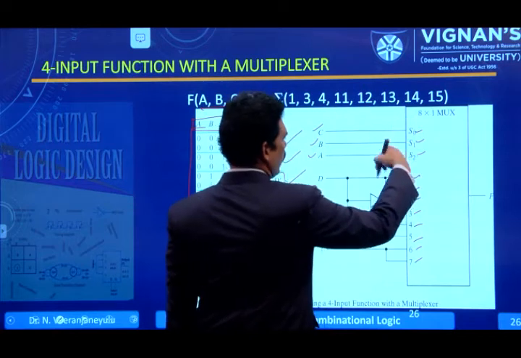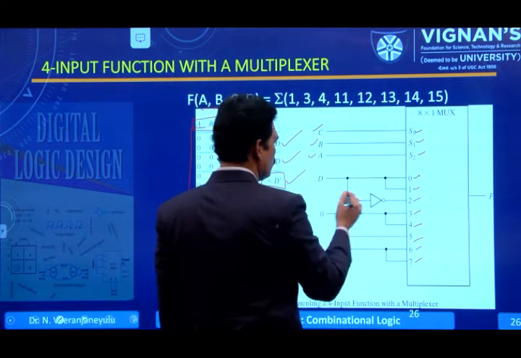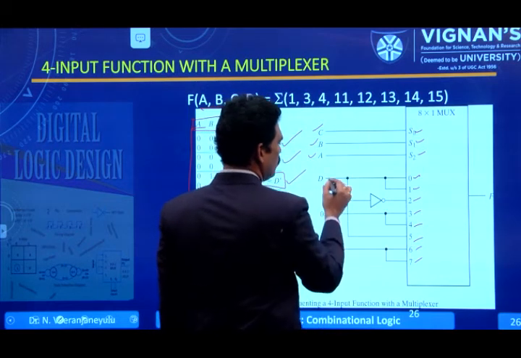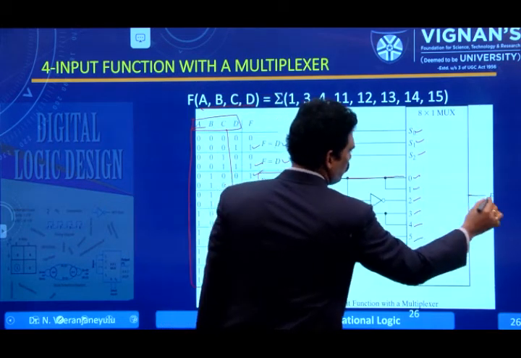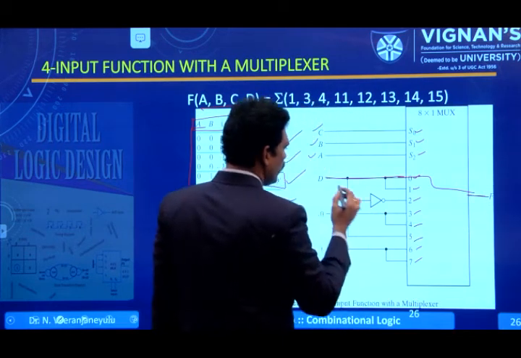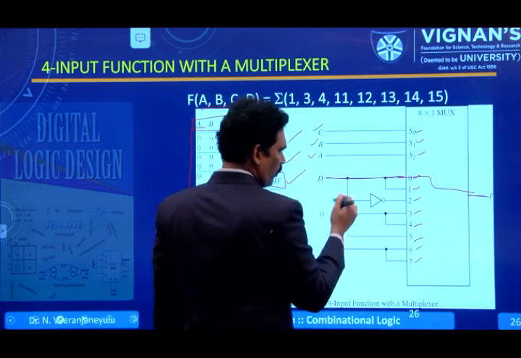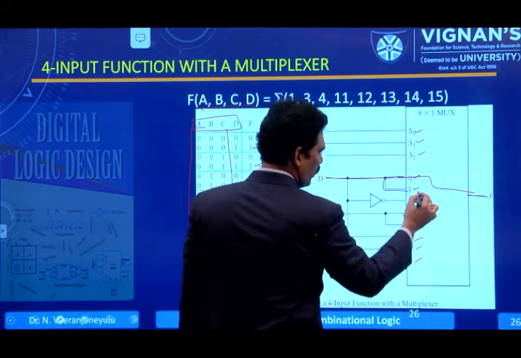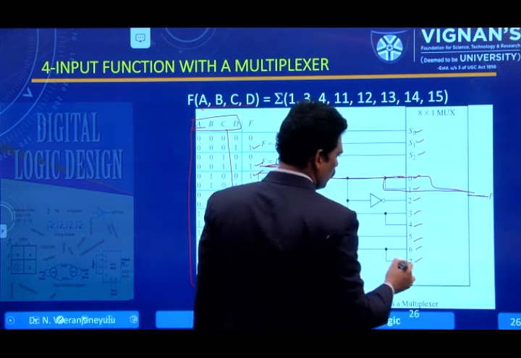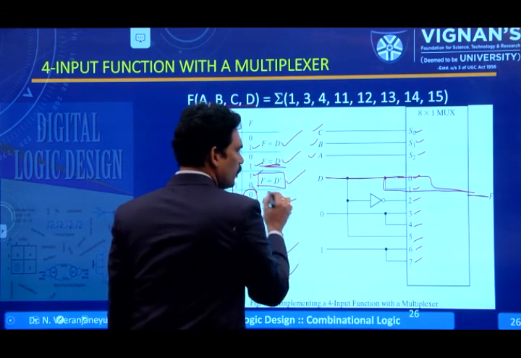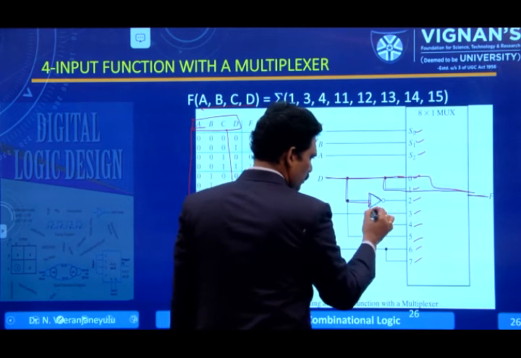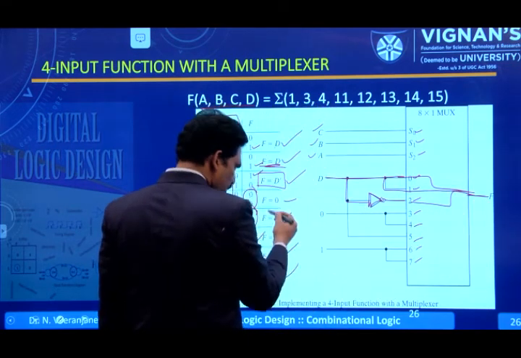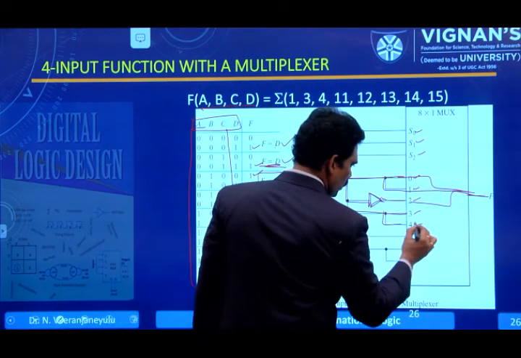So, 3 selection lines, in terms of d. The first, input 0: f is equal to d. This is the output. The second one also is f equal to d. Next, f is equal to d bar, this is the complement of d. Next, f is equal to 0, this is 0, this is also 0.